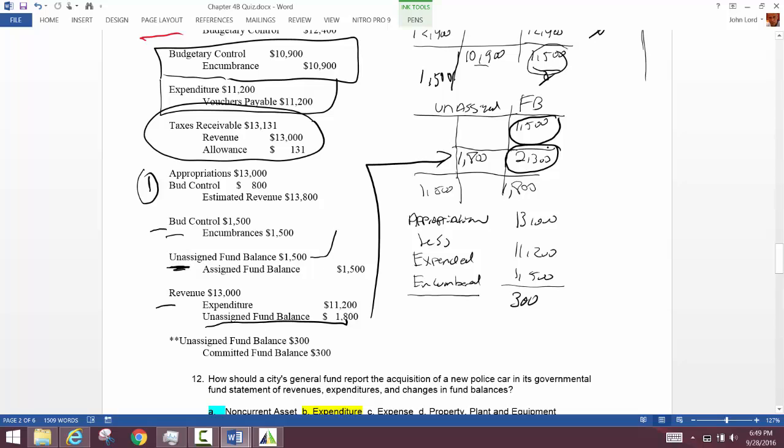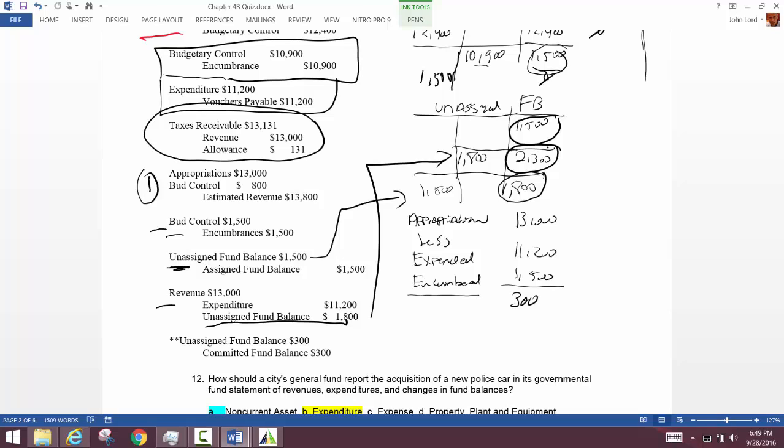So I debit the unassigned fund balance, and I credit the assigned fund balance, right? For that encumbrance that still hasn't come in. So the total in my unassigned fund balance is now 1,800, isn't it? Which was the beginning balance that I had, plus what? Plus the $300 of appropriation that I have not set up yet for anything, right?